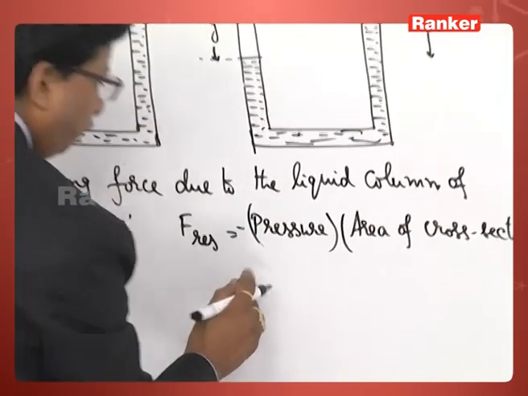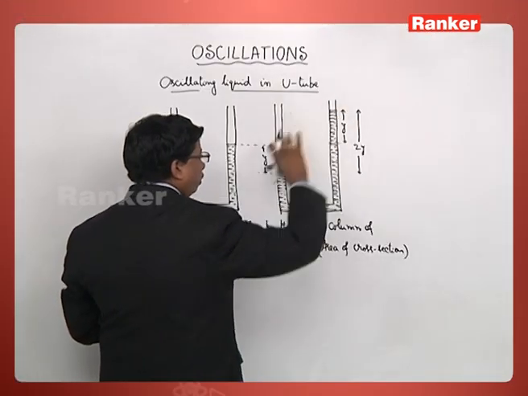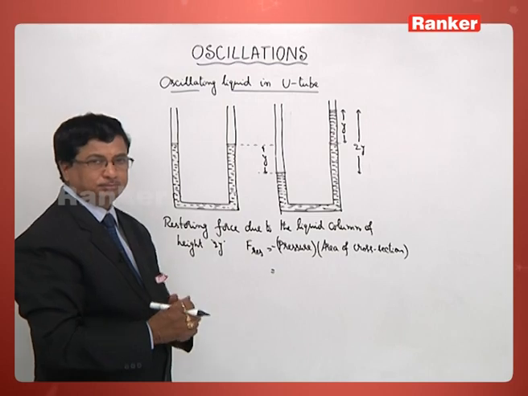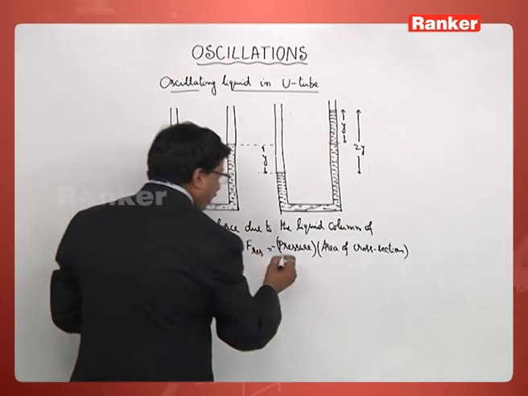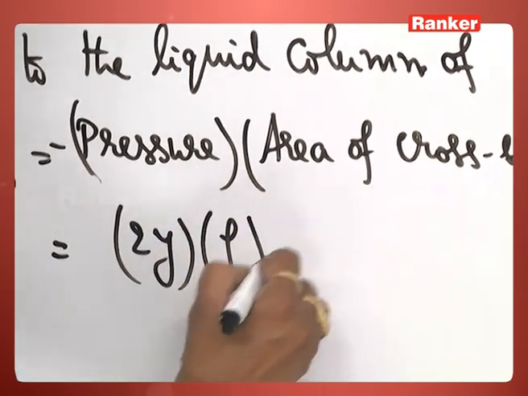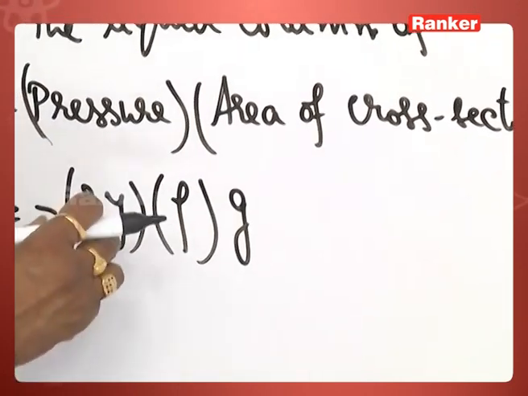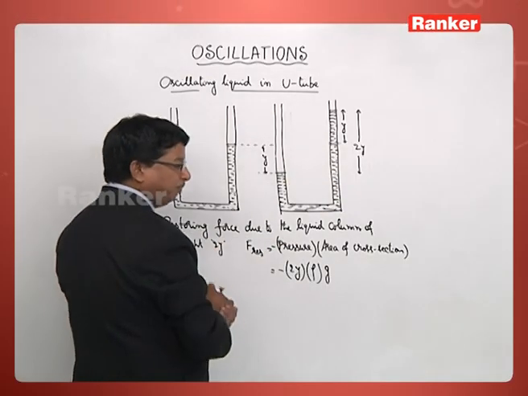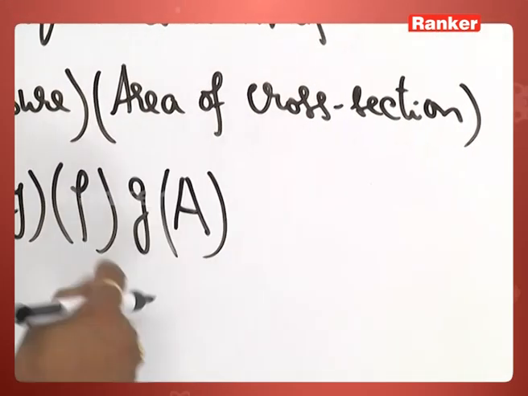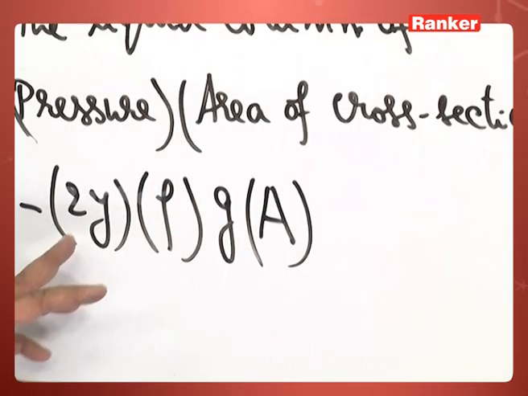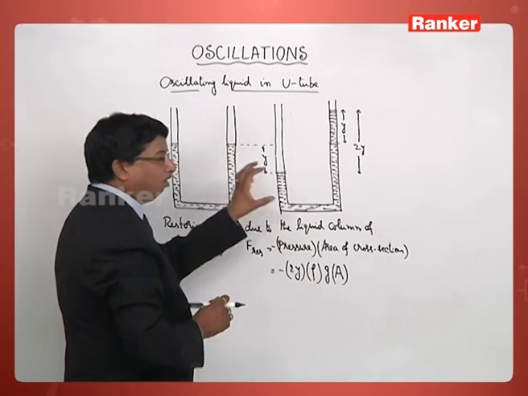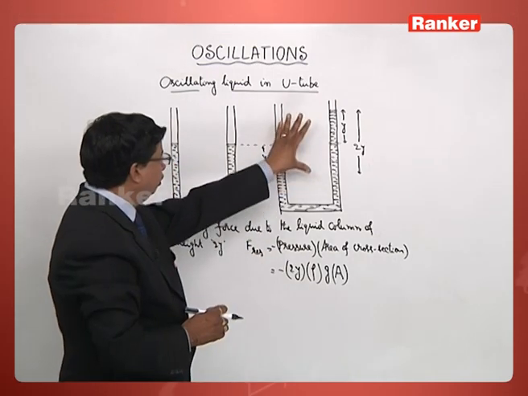Pressure due to this liquid column of height 2Y is h rho g, so pressure becomes 2Y into rho into g, into the area of cross section A. 2Y rho g into A gives the total restoring force acting due to that liquid column.